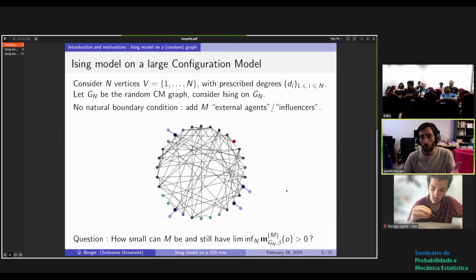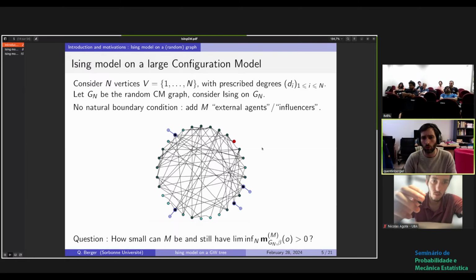Okay, so that's the question we are currently working on with my PhD student and Remco van der Hofstad. We made some progress, but the thing with these configuration model graphs is that locally, when you explore the neighborhood of one vertex, it looks like a tree. So if you start exploring the neighborhood of this vertex, you have this neighbor, then this neighbor has a given number of other neighbors, and then this neighbor has another number of neighbors, but you don't see any loops in the vicinity of the initial vertex.